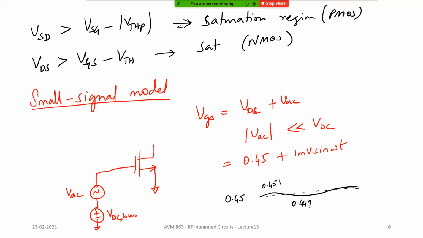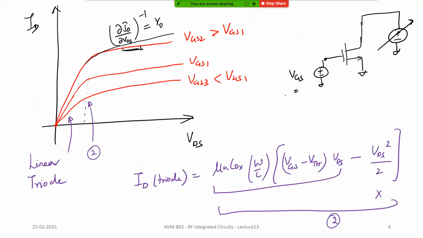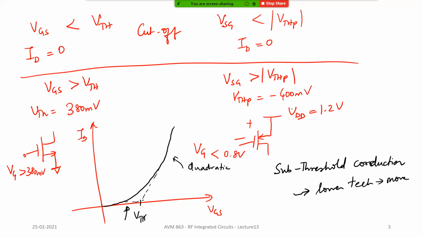Now the way in which this device works is, for a given DC voltage there is a given DC current plus a small AC current. The relationship between this AC current and the DC current is, let us go back to this input characteristics, right? Let me just redraw it here.